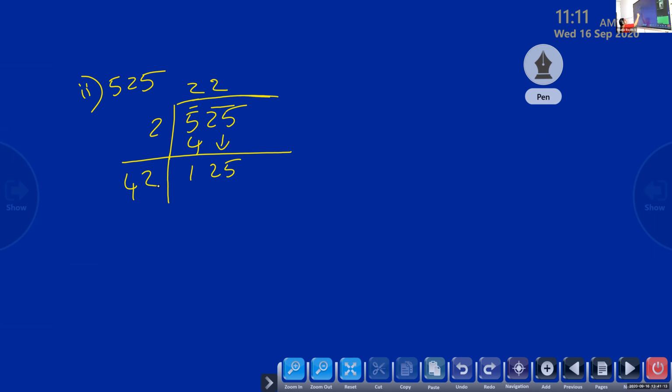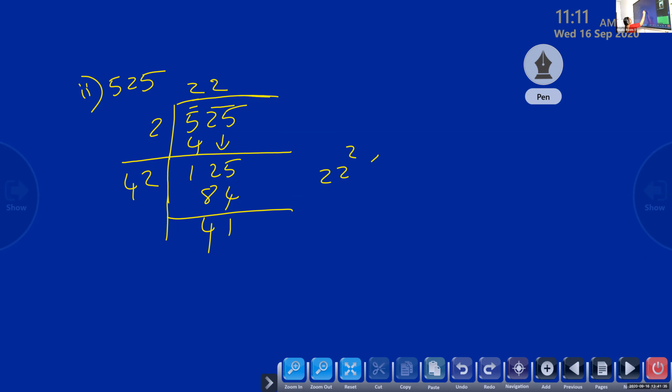What will come when we multiply 84 by 3? It will be more, 129. Yes, it will be more. So by subtraction, you will get 41.